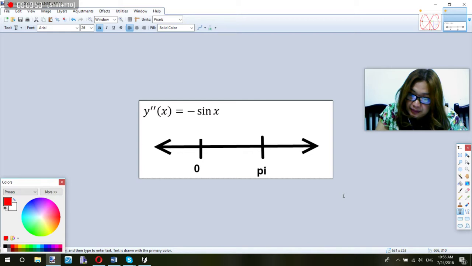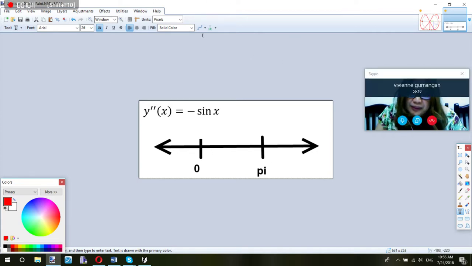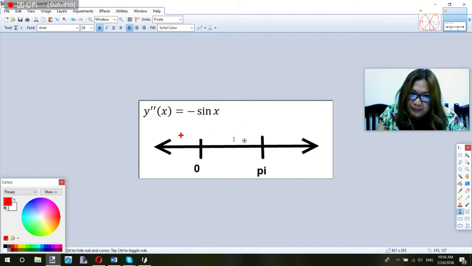Sure. What's the sine at negative pi thirds? That is negative square root of 3 over 2. So I have negative of negative root 3 over 2, which is positive. Okay, any point between 0 and pi? Can I say pi over 2? Yes. So at pi over 2, it's negative.